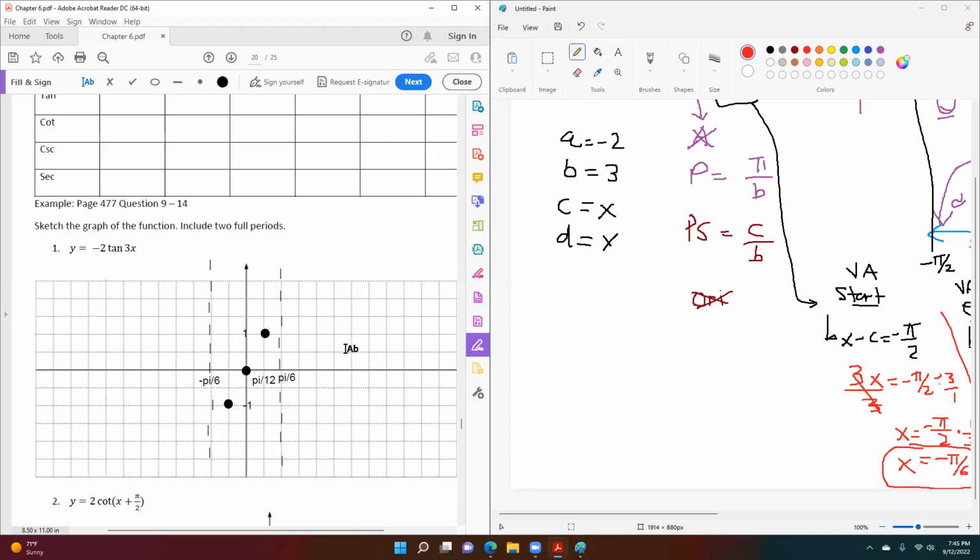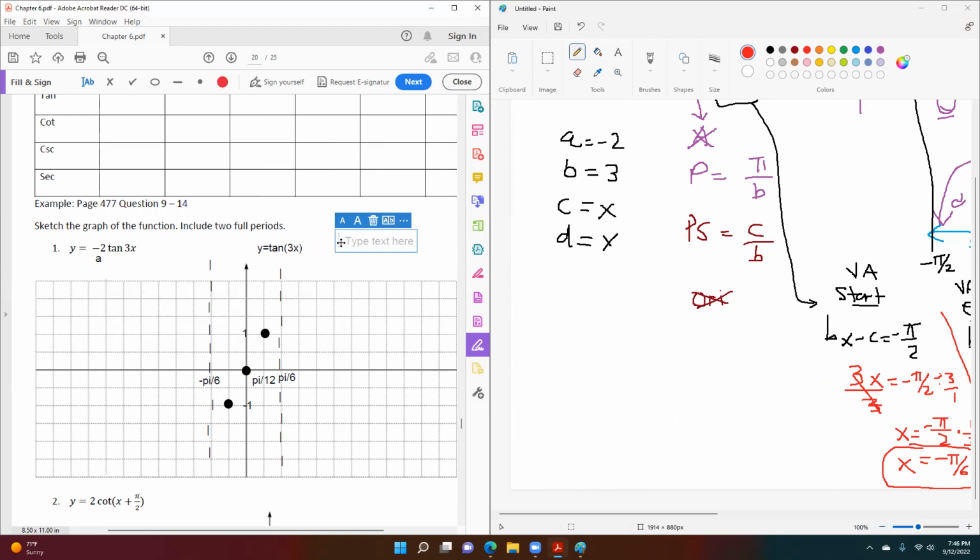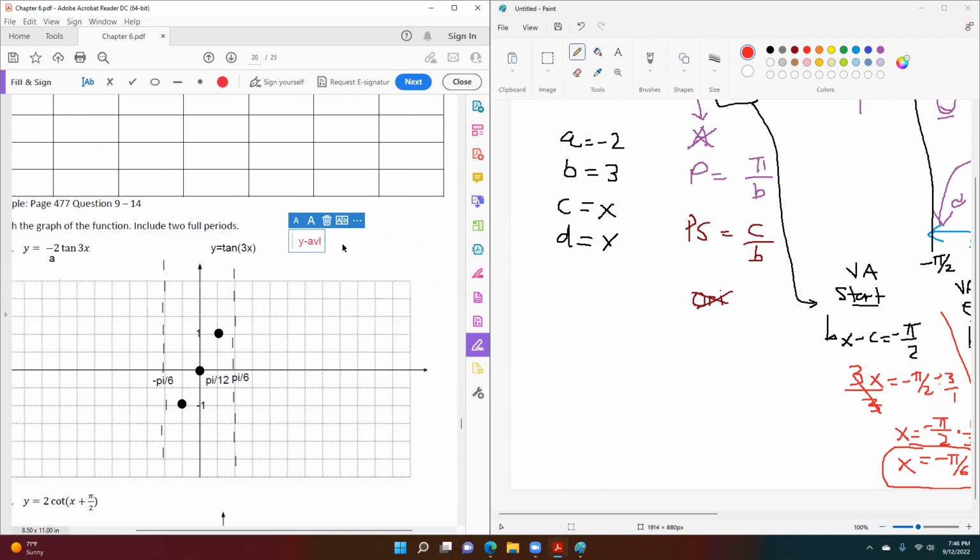This graph is true if you have y equals tangent 3x. However, because you got a negative 2, which is your a in this case, your a will affect your y value. So that's the reason why, when you want to do this, your graph will have to multiply all your y values by a.